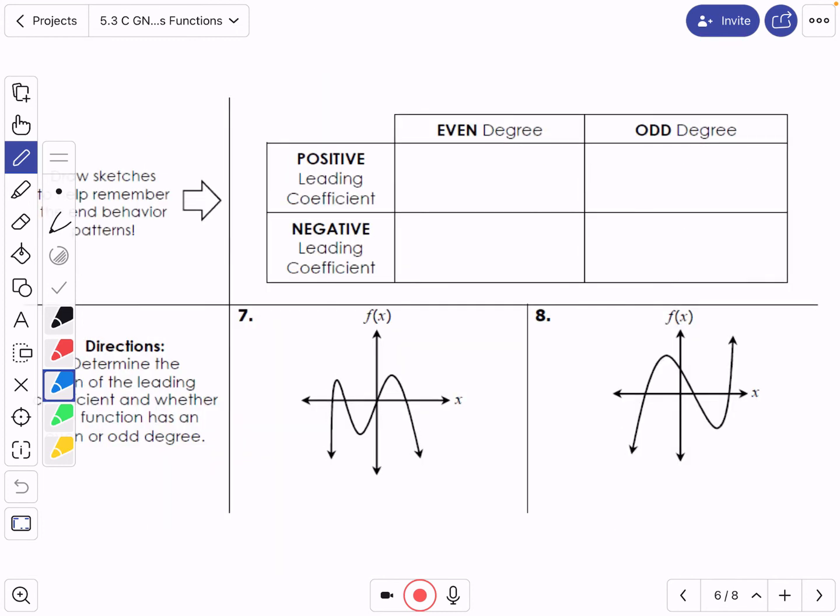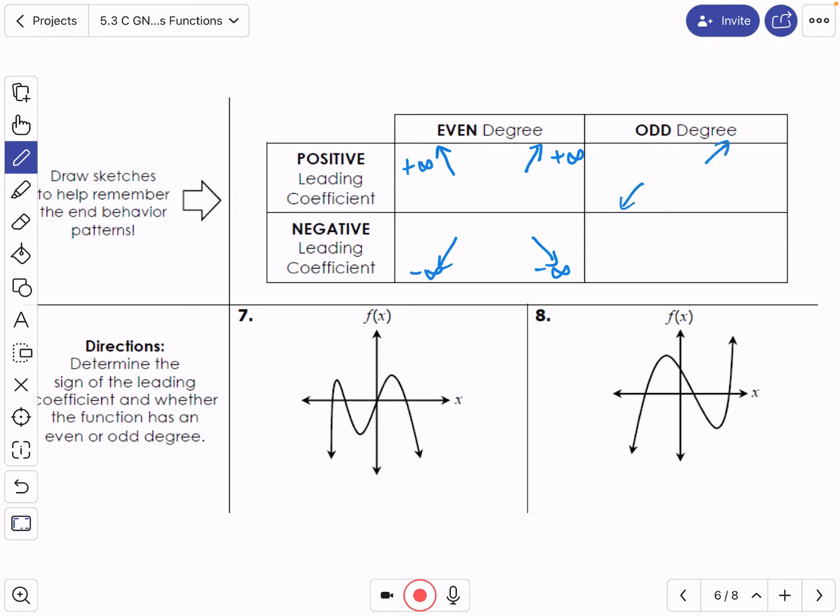Okay, so let's make ourselves a little chart here. If we have an even degree, positive leading coefficient, then our end behaviors both go to plus infinity. And if we have an even degree, negative leading coefficient, our end behaviors are both going to go to negative infinity. If we have an odd degree, positive leading coefficient, they're opposite, but match x.